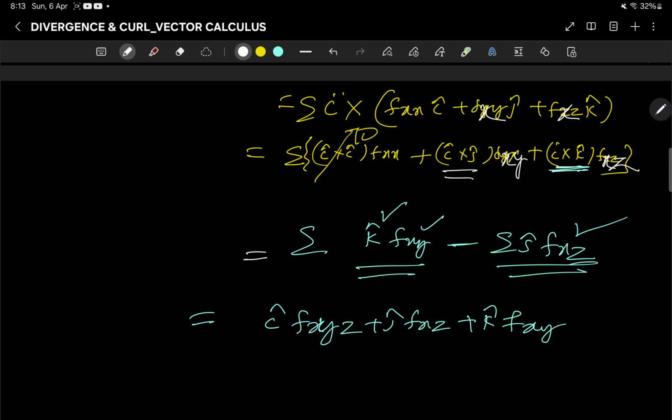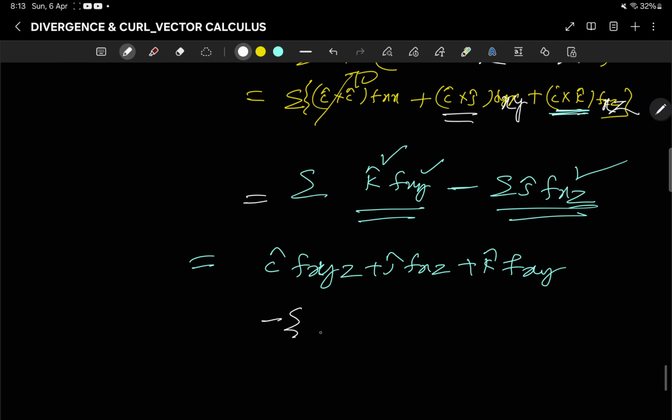Similarly, if you open the other, it gives minus: when there is I, x is missing, fyz; for j, y is missing; for k, z is missing.